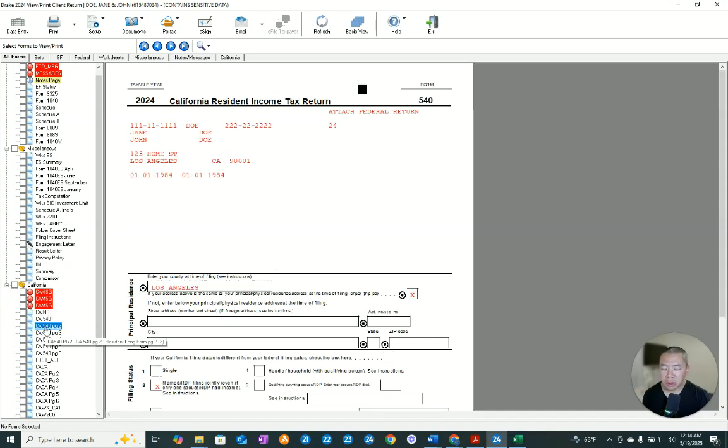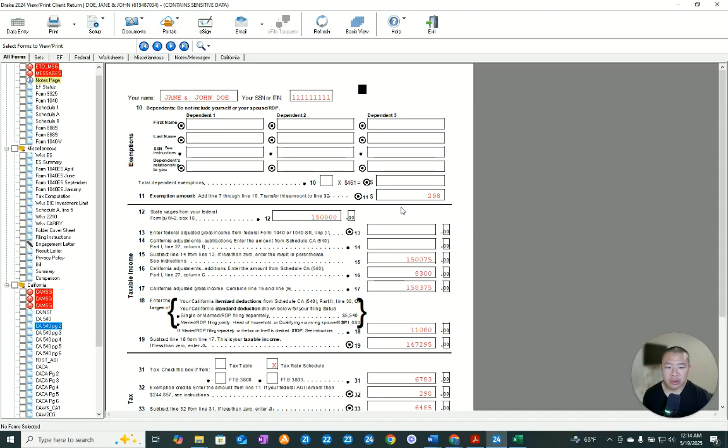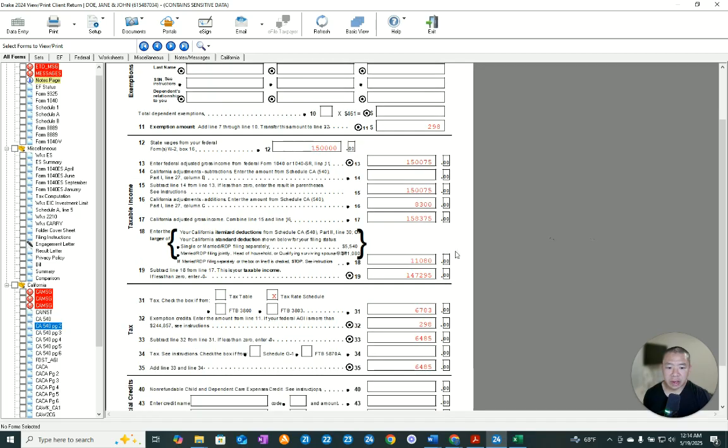California should start with the same amount, $150,000, $75. California does not let you take a deduction for HSA, which is that W, so they add back that 4,150 times 2, which is 8,300. California AGI is 158,375.